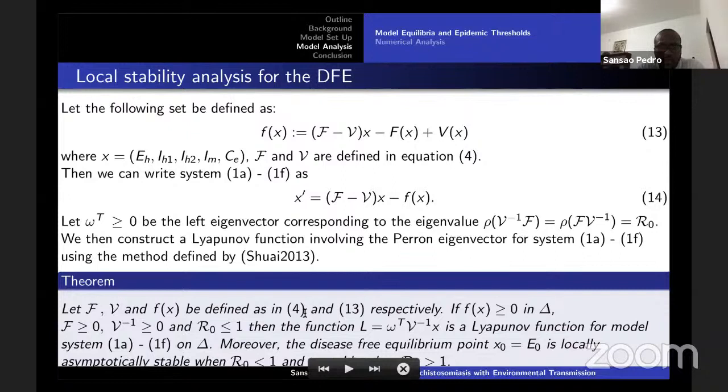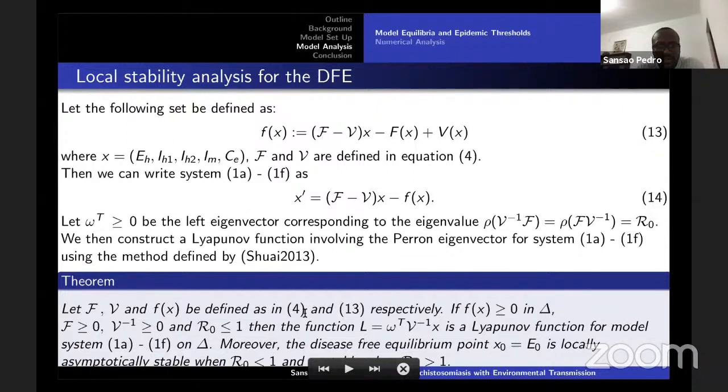Now, like I said, the idea is through this construction to come up with the Lyapunov function that will help us to prove that when you take a derivative of this, okay, remember we had defined that our model was given by x prime. So when you replace here, you end up with this expression.